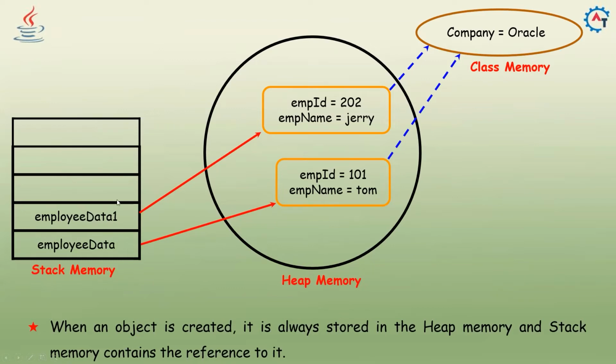All the objects will refer to this. With this object, I changed the company name from Oracle to Google, so it is changed at only one level, in the class memory. So the next time another object accesses it, the updated information will come. If you accidentally change it, the other objects will get the same change. That is the disadvantage we discussed, right?